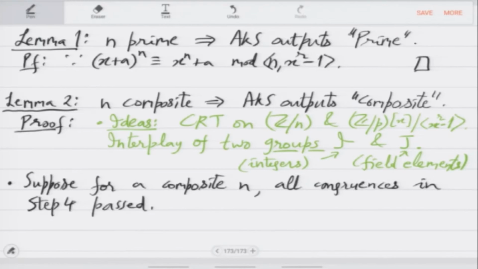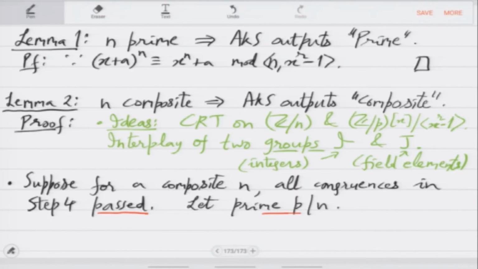Okay, all the congruences hold. And let prime p be a factor of n. So now we will see what information we can deduce.